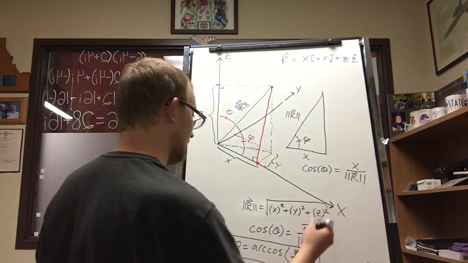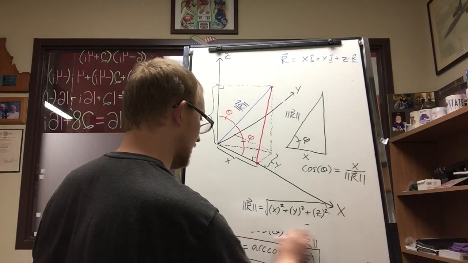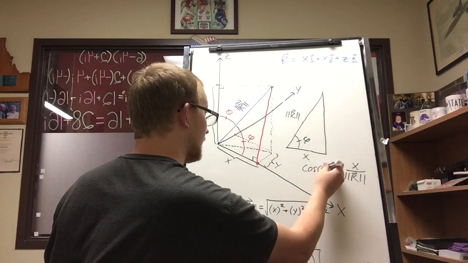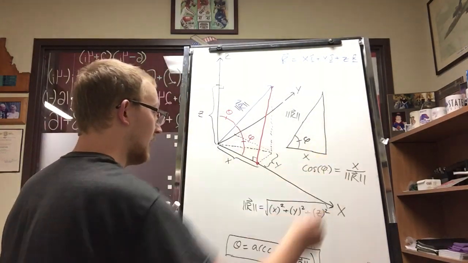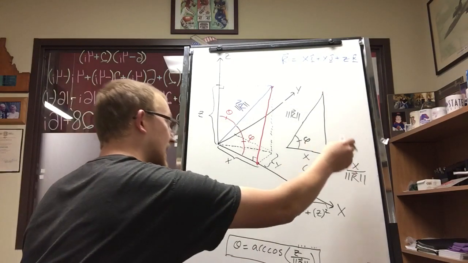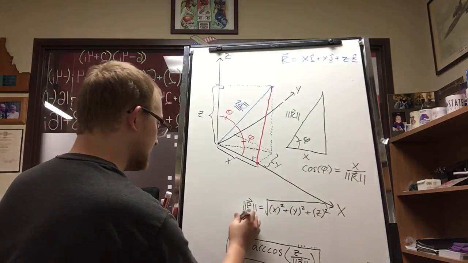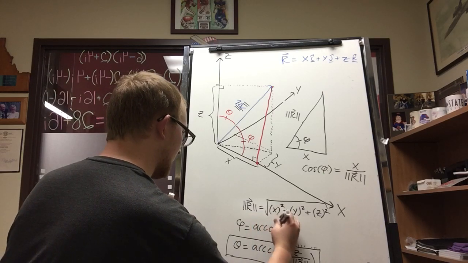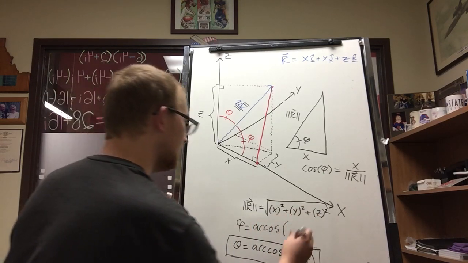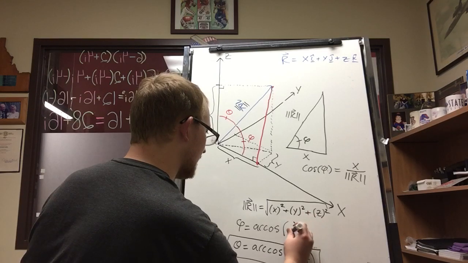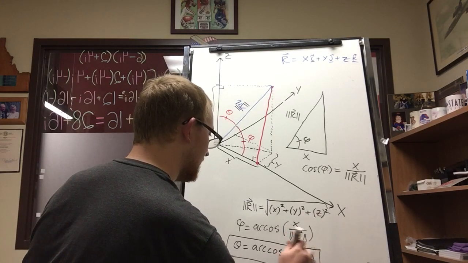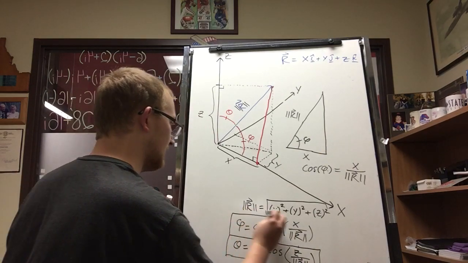We're going to take the arc cosine again, so when we solve for phi, we end up with arc cosine of x over the magnitude of r. So that's our second result.